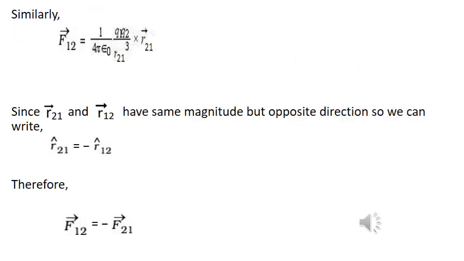In the similar way, we can get the value of the other vector force, which is F12 equal to 1 by 4 pi epsilon naught Q1 Q2 by R21 cube into vector R21. The last two equations are the vector form of Coulomb's law.